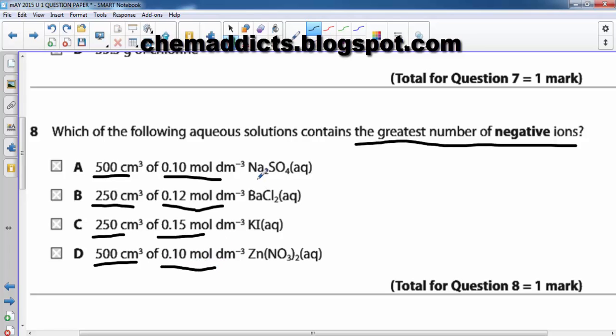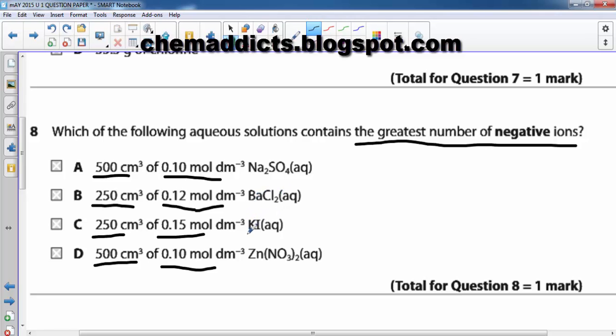Okay, and there is another piece of information given. What information? The total number of particles present in a solution. Suppose in the case of sodium sulfate, there are 3 particles present, 2 sodium ions and 1 sulfate ion. In the case of barium chloride, 3 particles are present, 1 barium ion and 2 chloride ions.